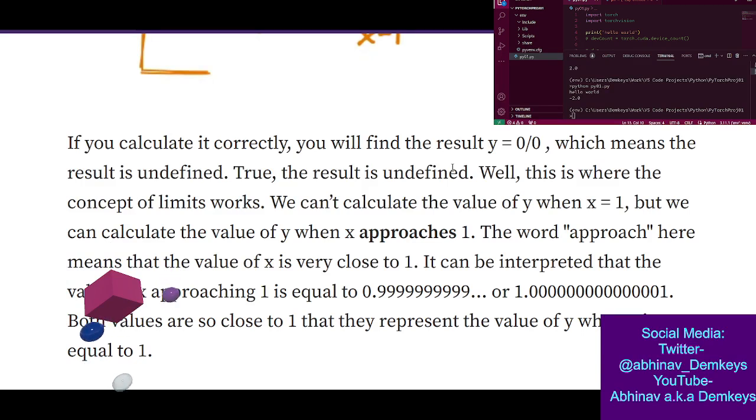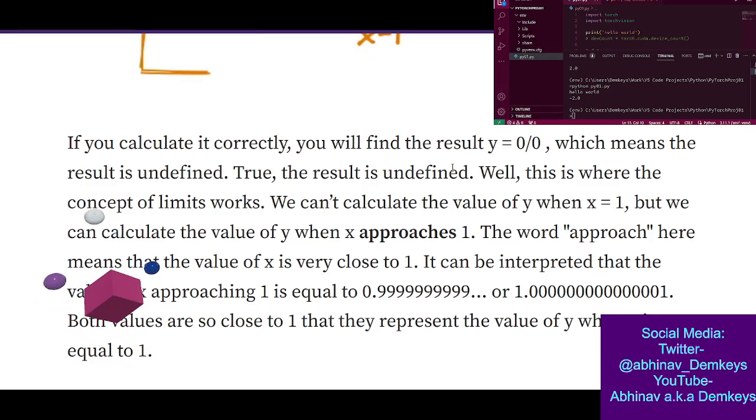Well, this is where the concept of limits works. We can't calculate the value of y when x equals 1, but we can calculate the value of y when x approaches 1. The word approach here means the value of x is very close to 1.